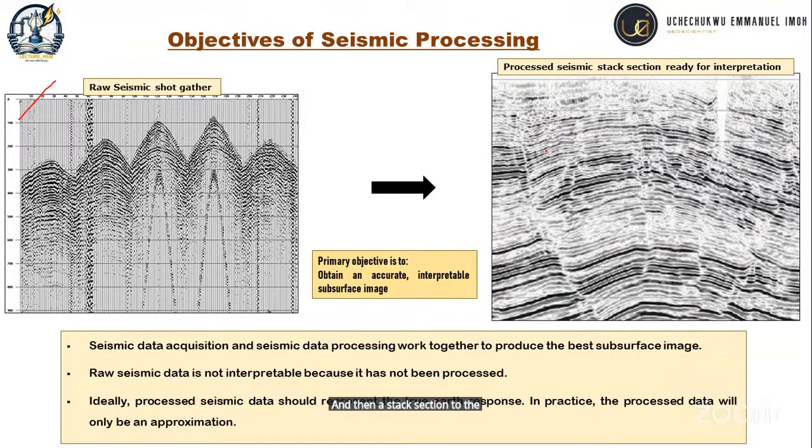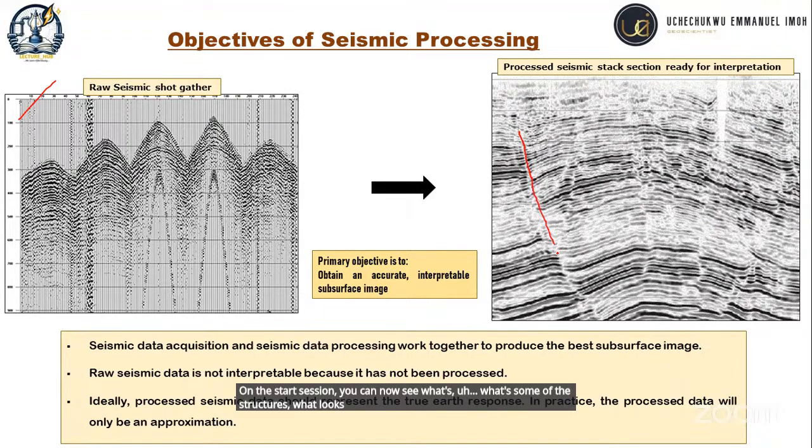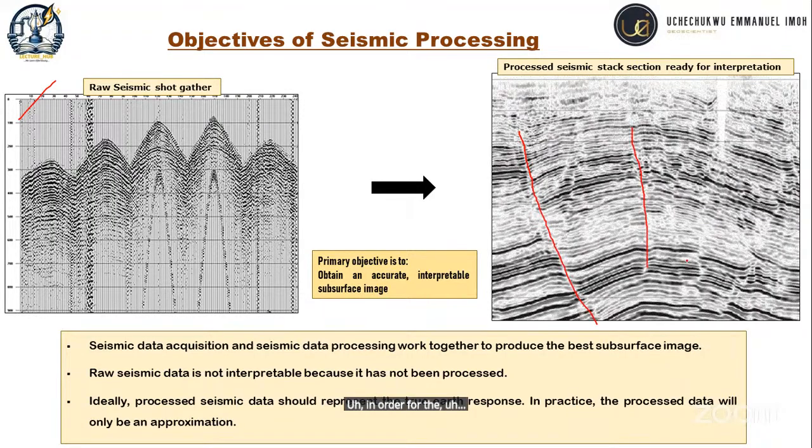On the stack section, you can now see some of the structures, what looks like a fault here, another fault here, maybe, and maybe another one here. So that's where you now start doing all your geology interpretations. As I said earlier, the raw data is not interpretable, so it has to go through processing to become interpretable.